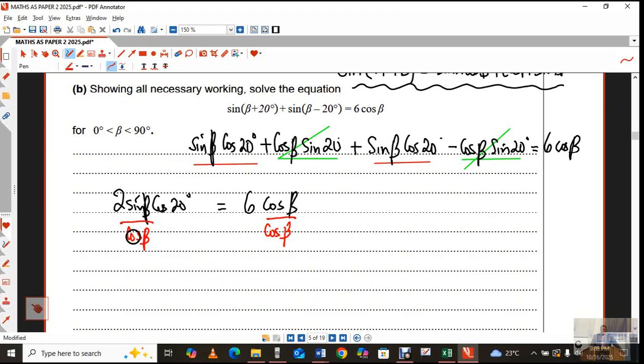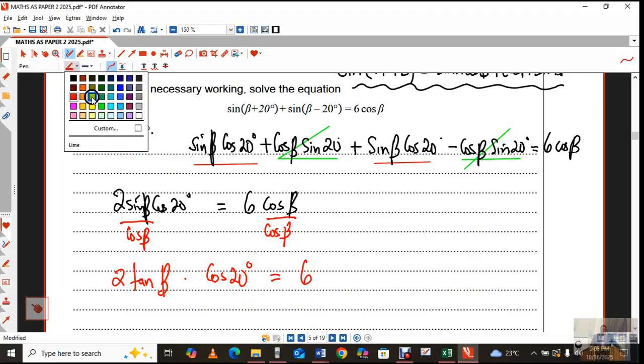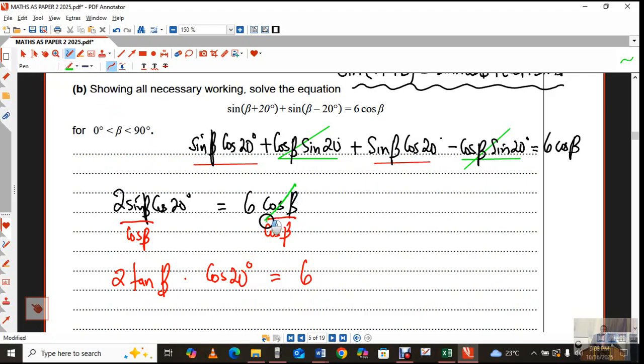The reason I'm doing that is because you can see that sine B over cos B becomes the tangent. So this is going to be 2 tangent of beta, multiplied by cos of 20 degrees, which is a number, and that should equal 6, because the cos B here cancels.